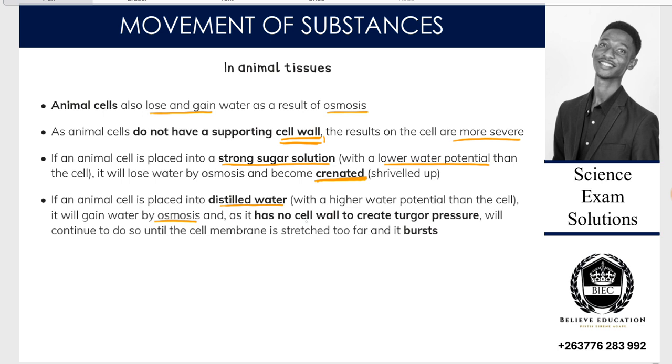As it has no cell wall to create turgor pressure, the uptake of water continues until the cell membrane is stretched too far and it bursts. If the water potential of where the animal cell is placed is high, water will start entering the animal cell uncontrolled, no cell can control it. It keeps filling until that cell gives up and bursts. Are we together?